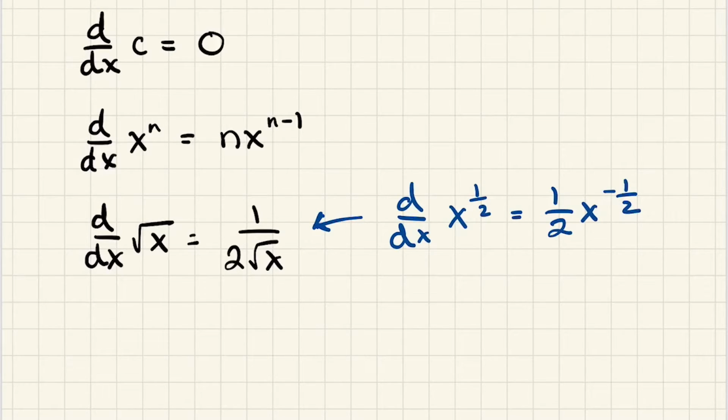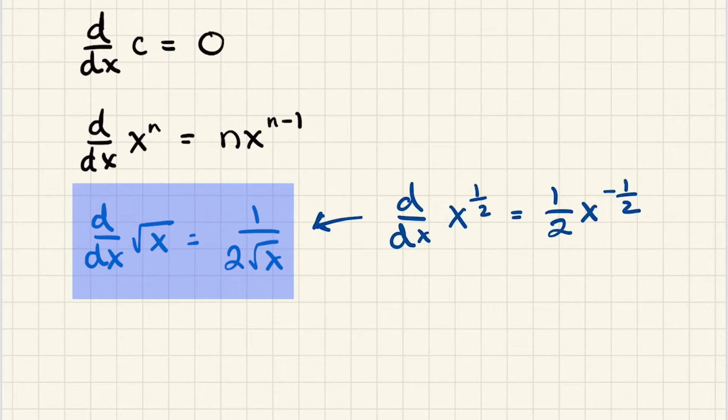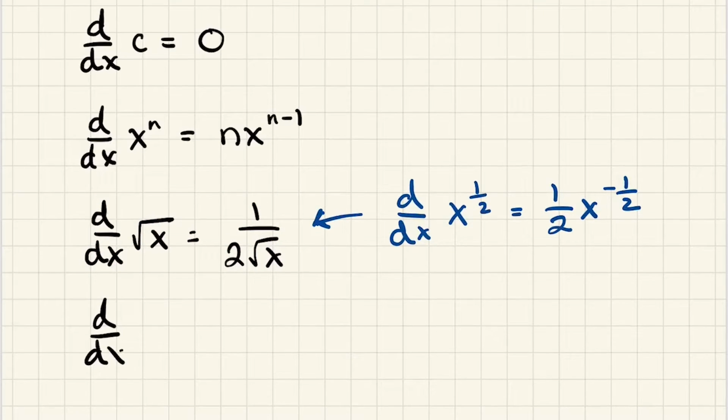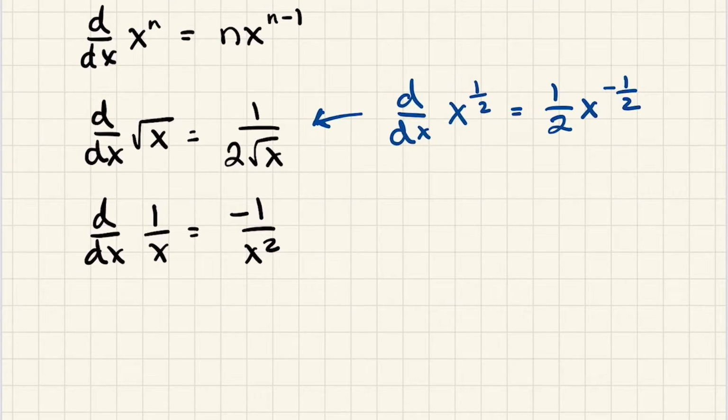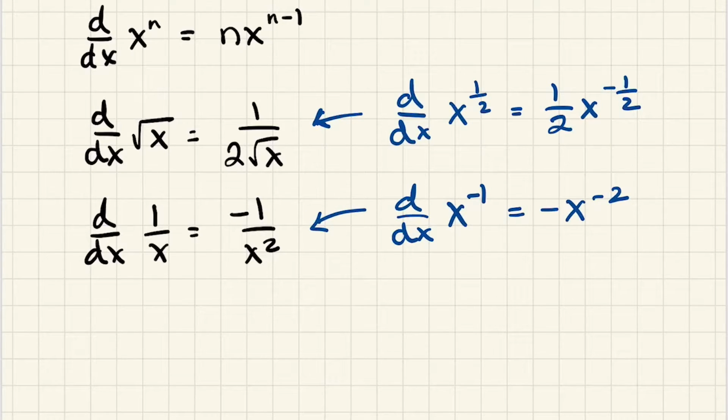All right, but this derivative comes up so frequently that it's good to just immediately jump to 1 over 2 root x. For that matter, the derivative of 1 over x is negative 1 over x squared. And similar reasoning here, you can write it as an exponent, take its derivative, and you get that form, which is better written as negative 1 over x squared.